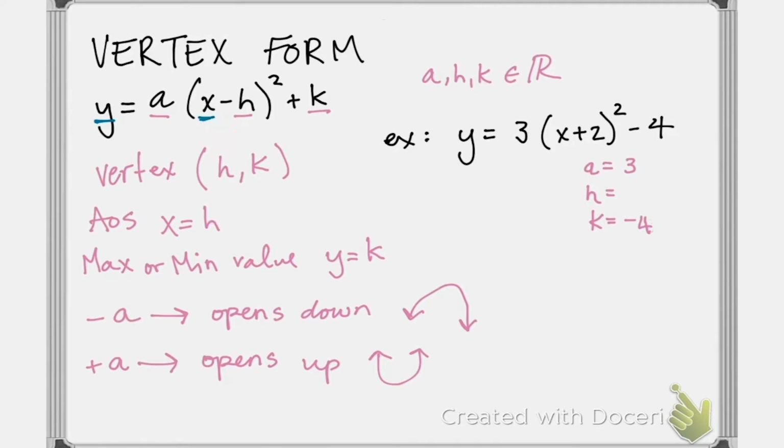So that means when the formula is negative, whatever it says here, when we take it out of the formula and we're just writing it down, we do the opposite. So the opposite of positive 2 is, guess what? Negative 2. Okay, so my vertex, (h, k), is (negative 2, negative 4), and this parabola opens up because the 3 is positive. I'm not really asking about axis of symmetry and maximum value yet. Okay, you will get there in a little bit.